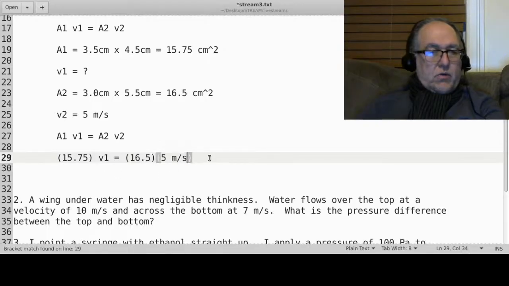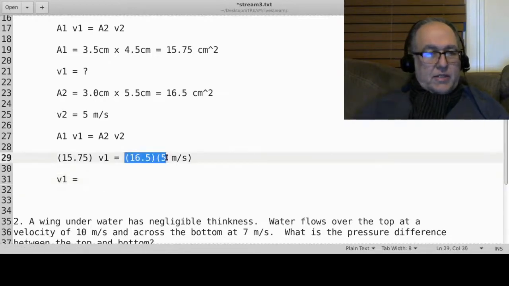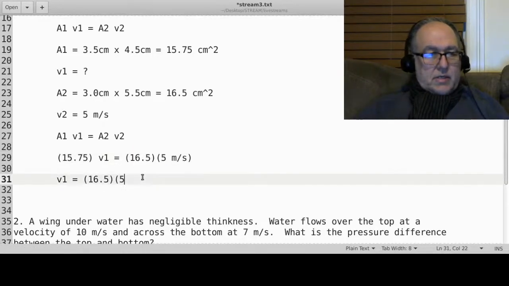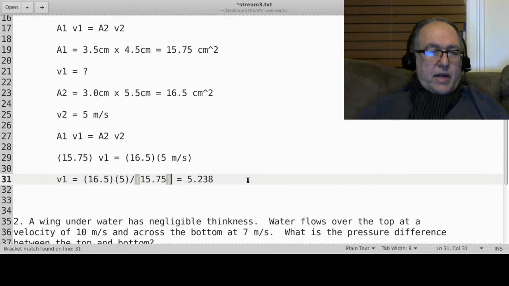All right, so divide both sides by 15.75, so V1 is going to equal this divided by this. And that will equal, let me get it on my calculator, this number there.